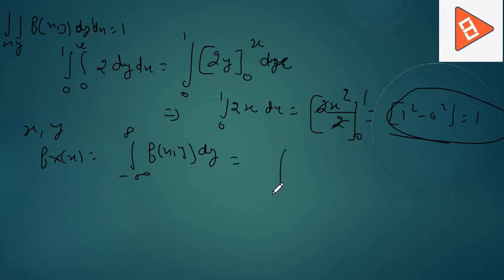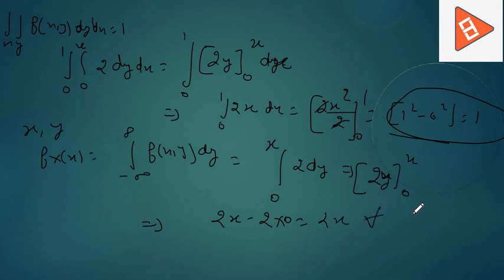The range of y was 0 to x, that is equal to 2y. Here the integration of a constant is y. So we will have 2x minus 2 into 0, that is equal to 2x for all 0 less than x less than 1. It is the marginal density function of x.